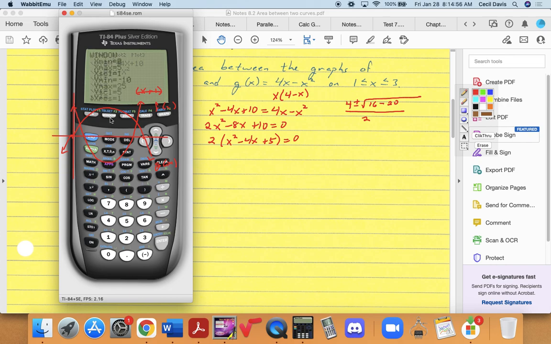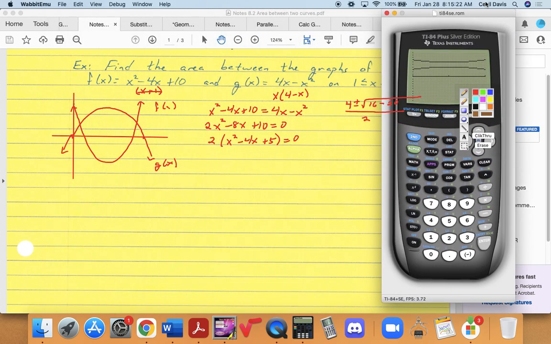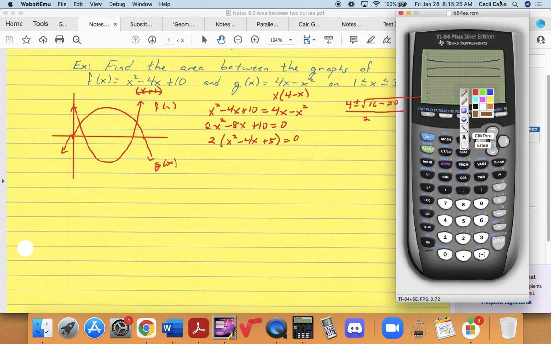And I'm only interested in the integral from 1 to 3. Oh, okay. My f of x was poorly drawn.